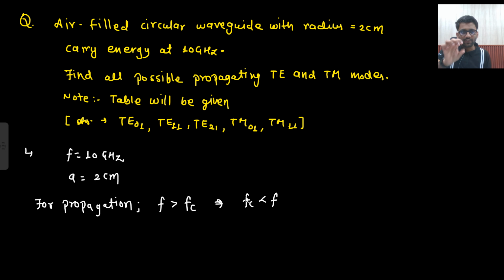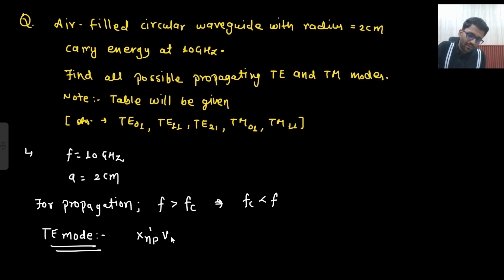Now the FC value is different for TE mode and TM mode. So let's first solve for TE mode. For TE mode, what is the value of FC? That is X dash NP into Vp divided by 2 pi A, which should be less than F. Here Vp you already know, that is constant.